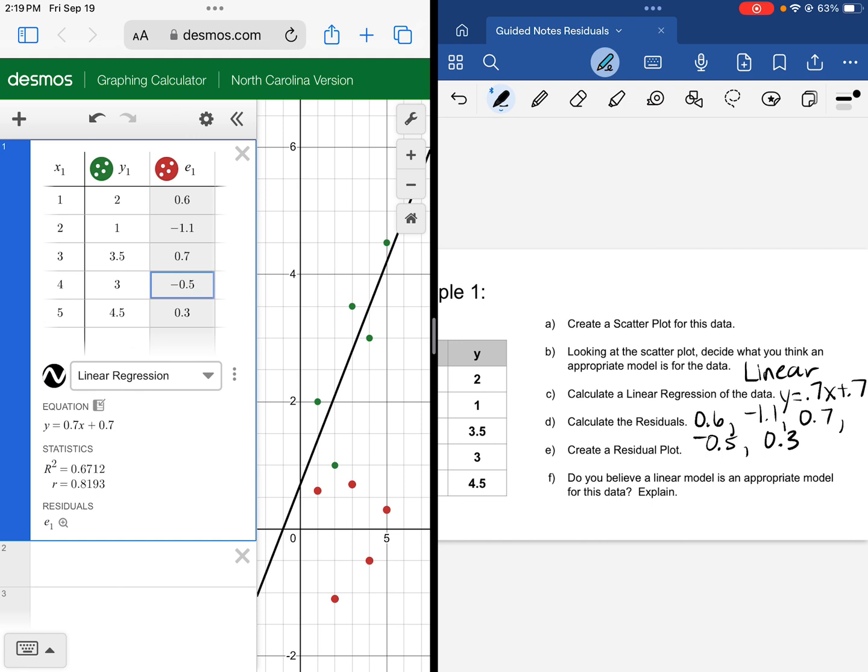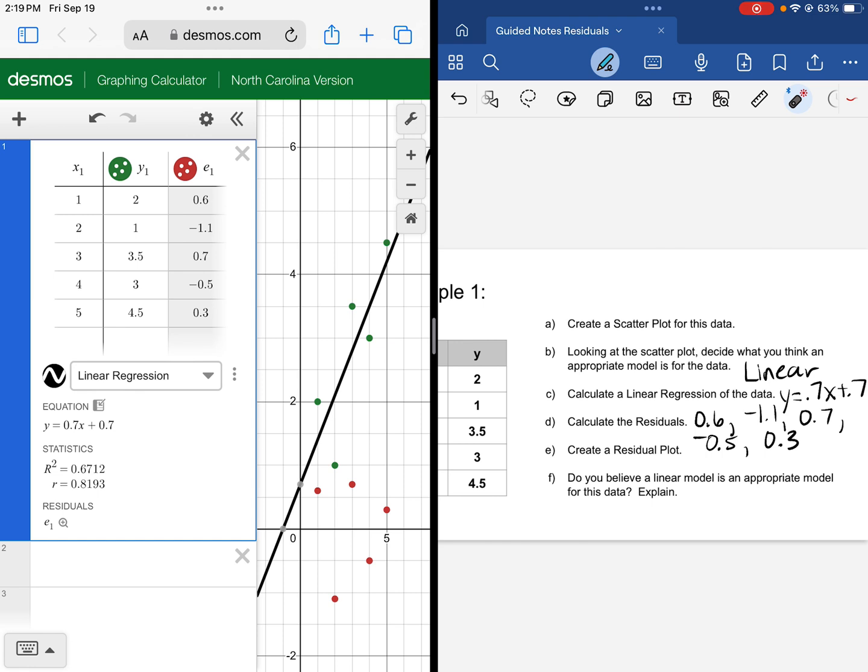So remember, these are all distances that measure how far these y values in this table, the actual y values, are from the predicted y values of that equation. So it's that distance, right? The distance between those points and that line.